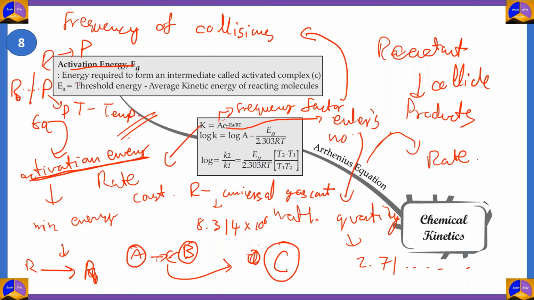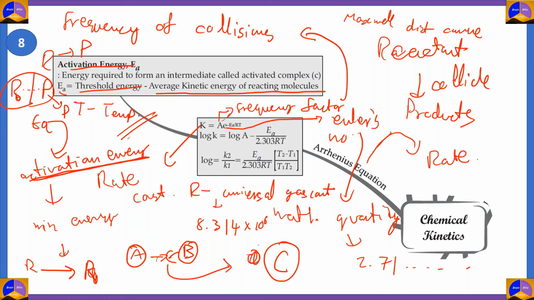And so the energy required to reach this stage is known as the activation energy. And so it's a minimum energy. So what we do is we find the threshold energy of a reaction, and we subtract the average kinetic energy of the reacting molecules. Since these molecules are moving, we need to find out their average kinetic energy using the Maxwell distribution curve.